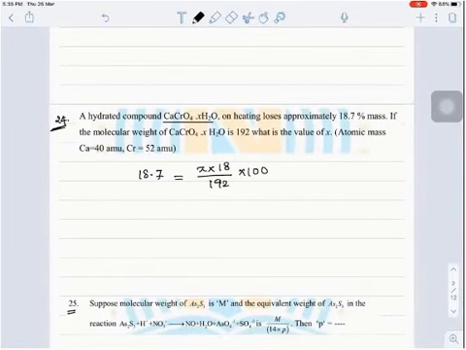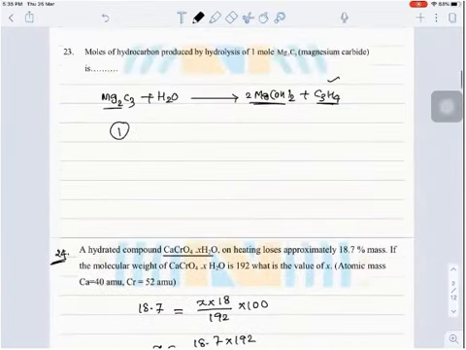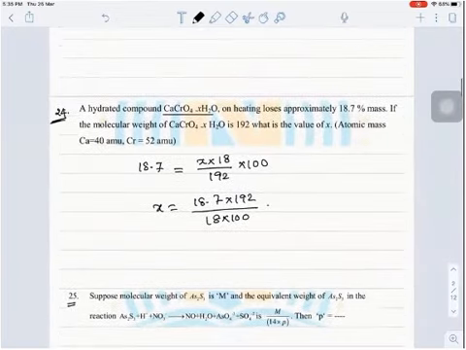So from this, x will become what? x equal to 18.7 into 192 divided by 18 into 100. Okay. So on calculation we will get it as 2.